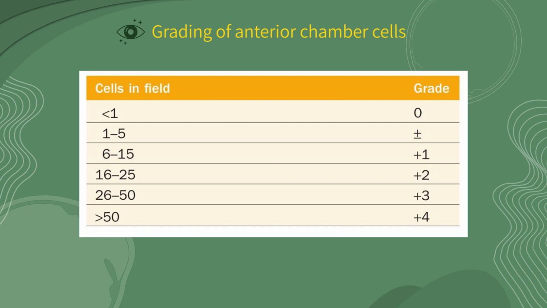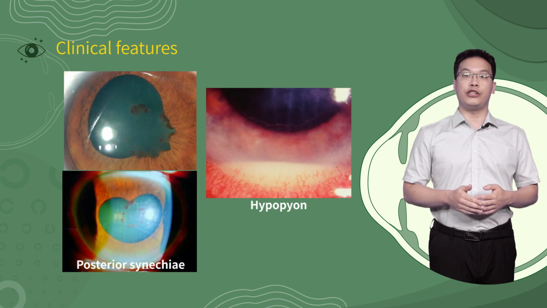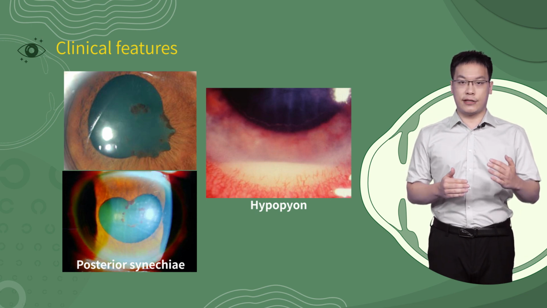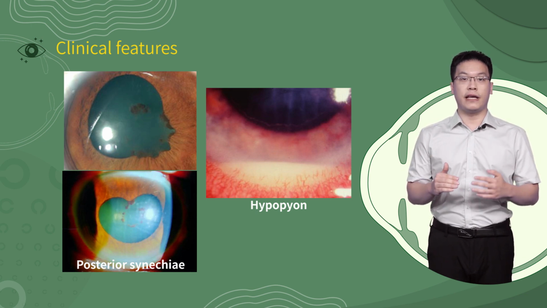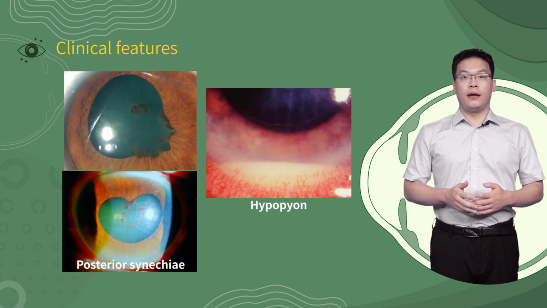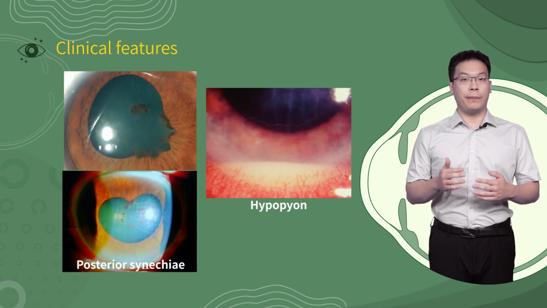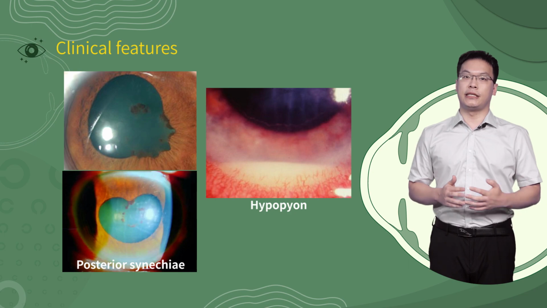Please remember that this must be performed before mydriasis because in normal eyes, cells and pigment clumps may develop after pupil dilation. Hypopyon is another feature of intense inflammation in which cells settle in the inferior part of the anterior chamber and form a fluid level. Posterior synechiae may develop quickly and must be disrupted before they become permanent.